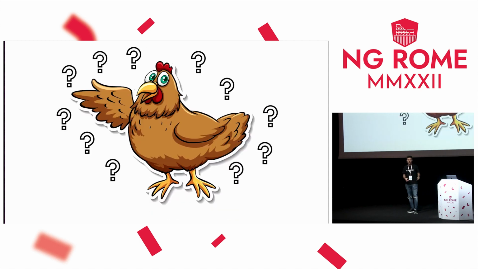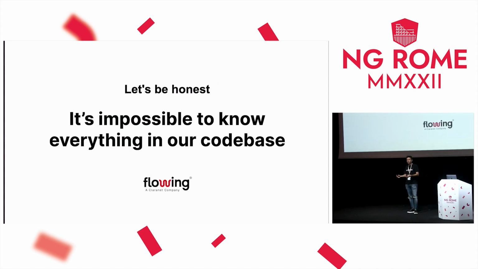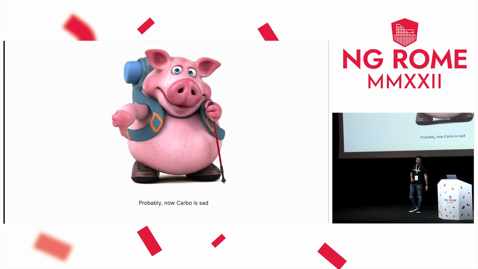Probably it is the same reaction of a team member that works in a big project, in a big product. Because, let's be honest, knowing everything in your code base is not very simple, especially if the project grows very quickly, or maybe if you are focused on a specific part of the project. So now probably the mood of Carbo is sad.